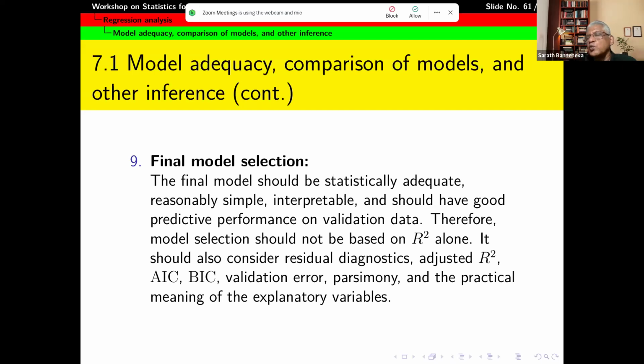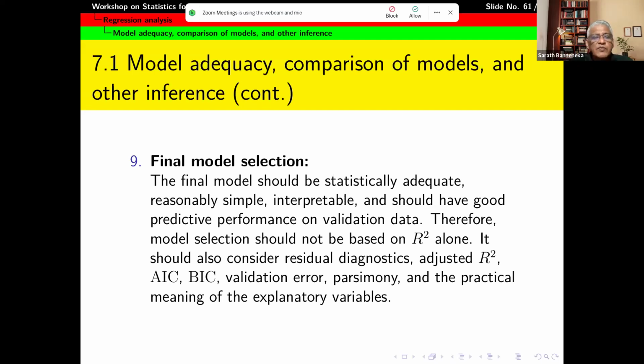You get the same predictive power from both models, but for the second model, the variables you can easily get and the cost is low. So even if there are three variables, if it is giving the same predictive power as the other model, it may be the best model practically. You have to consider practicality as well as statistical considerations when you are selecting the final model.